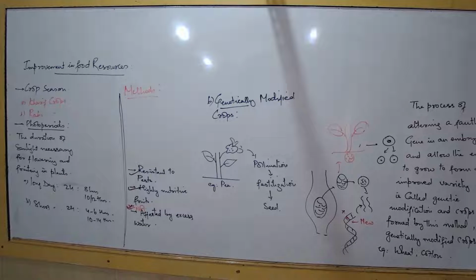Dwarfness, underline. You are asked short answers also on this. Dwarfness is an agronomic characteristic for what type of plants? Cereals. Cereals like moong, arhar, wheat, corn, all the cereals.